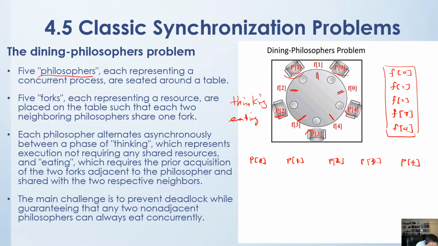The philosopher is just sitting there thinking. Now, when a philosopher decides to eat, in the eating phase, that philosopher is going to pick up the forks around him. For example, if philosopher 3, P3, wants to eat, then in the eating state, philosopher 3 should pick up F3 and F4.